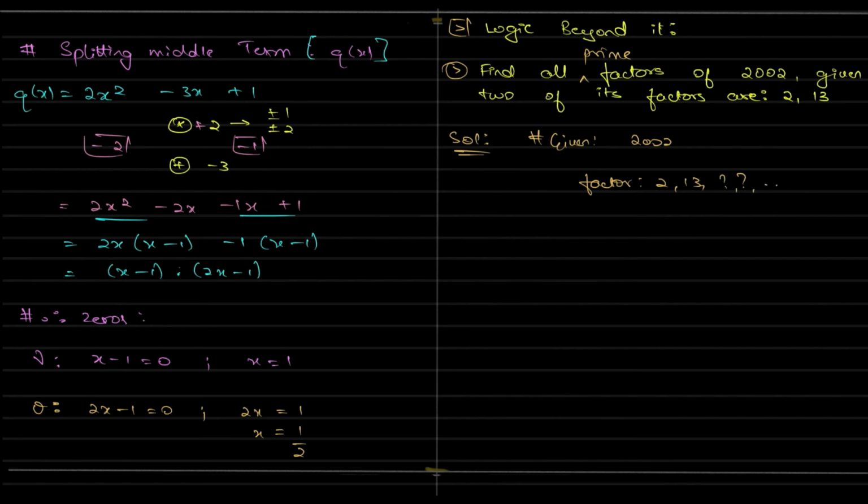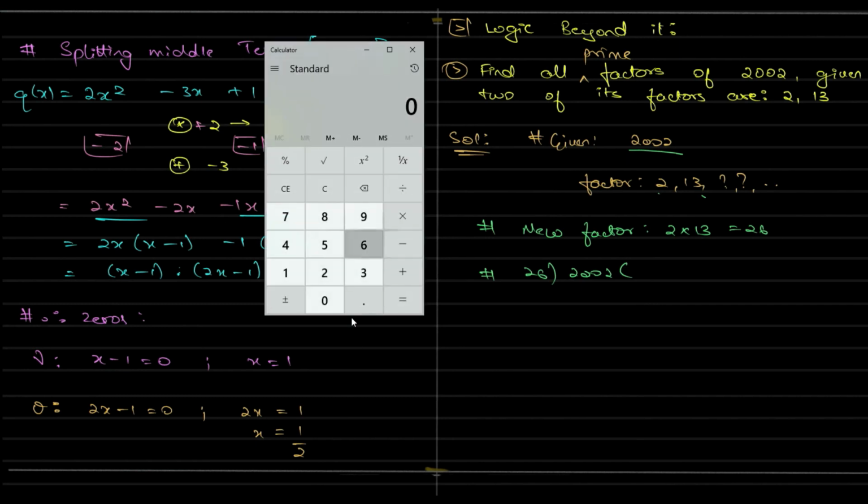So what can we do? Simple. I can multiply 2 into 13, that is 26. So I can find a new factor for 2002, that is 26. And then I can divide 2002 with 26, which I don't want to do by hand, so I'll open my calculator. 2002 divided by 26 is 77.